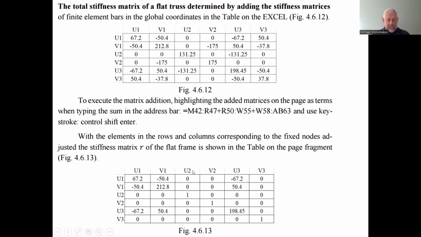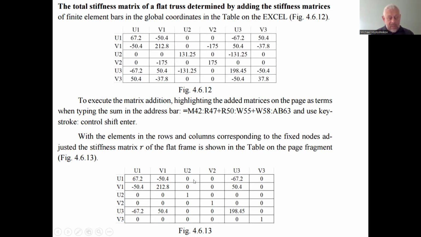This is only the cells corresponding to the influence of the supports, which correspond to a definite abscissa or ordinate direction of node 2 and node 3, which do not have the opportunity to displace in these directions. And in all other cells of the same columns and rows, where we specify one, not allowing the displacement, we have to specify zeros.